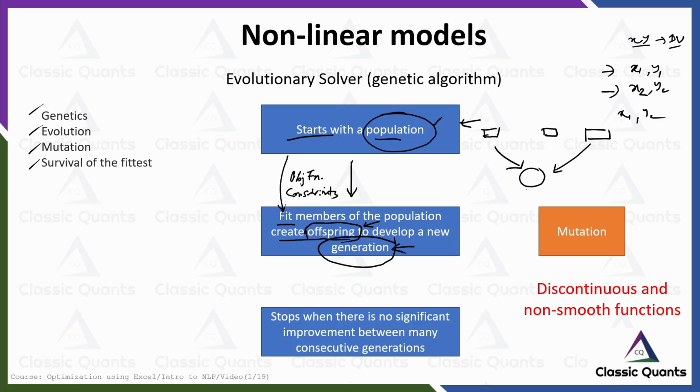This process will continue for a large number of iterations, and will stop eventually when no significant improvements are obtained between several consecutive generations. So this is how the evolutionary solver works. And there is also a concept of mutation.